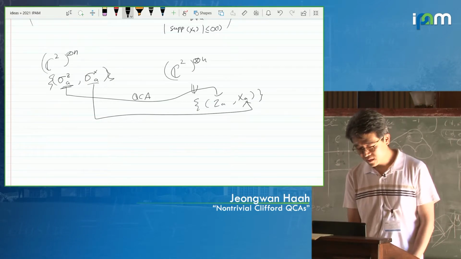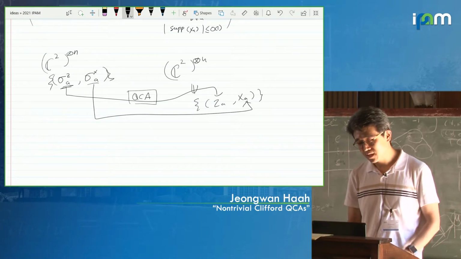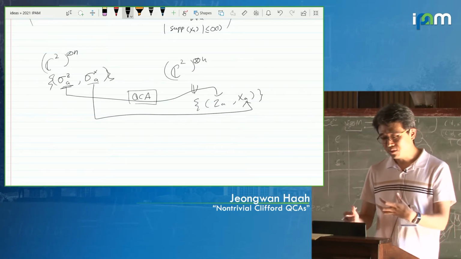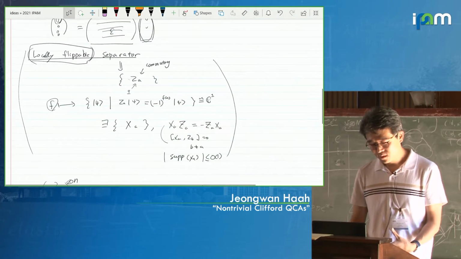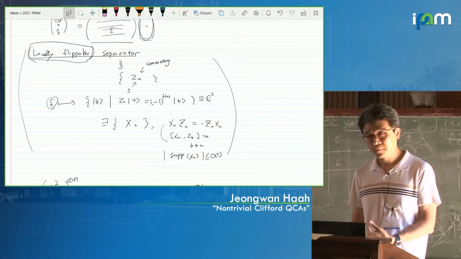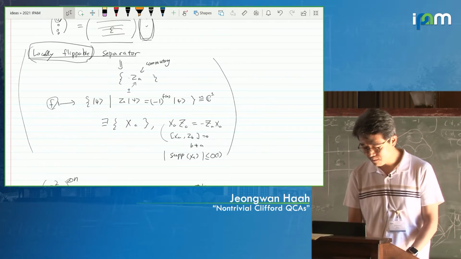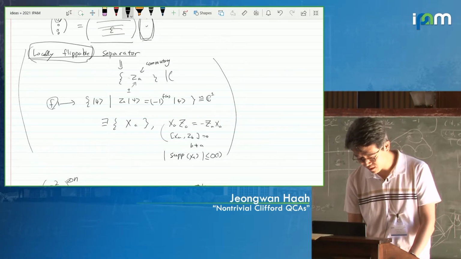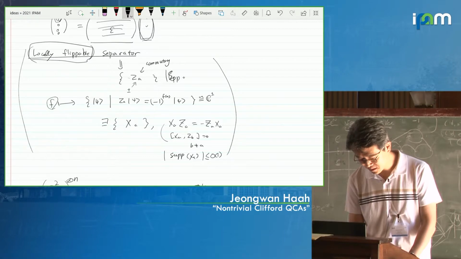And the crucial requirement for a QCA, that it preserves locality, is implemented in my definition of locally flippable separator. I may have omitted the condition on the support size, but yeah.